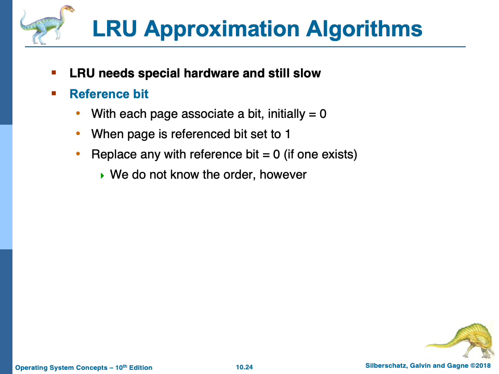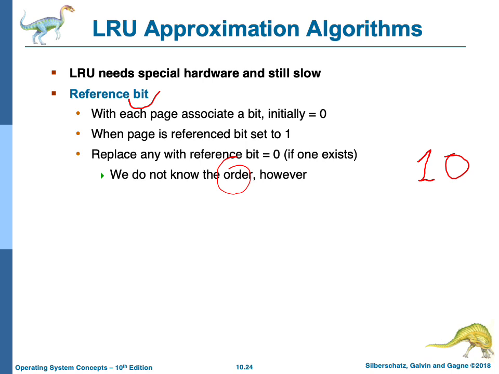We may use the reference bit, a bit that we set to 1 when a page is referenced, and initially it's 0 when it's not. But this will give us information about whether or not it was referenced, but nothing about the actual order of references, so we can choose the oldest.